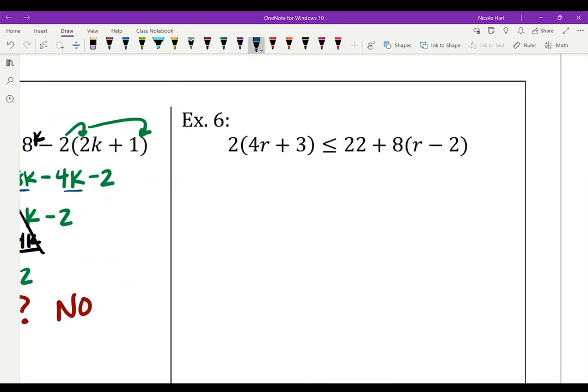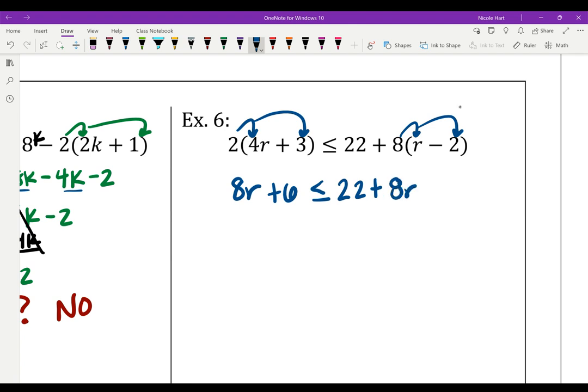Okay, so if we look here, we're first going to distribute into those parentheses. 2 times 4r gives us 8r. 2 times 3 is 6. Is less than or equal to 22 plus 8 times r, and 8 times negative 2 is minus 16. I'm going to combine some like terms here.